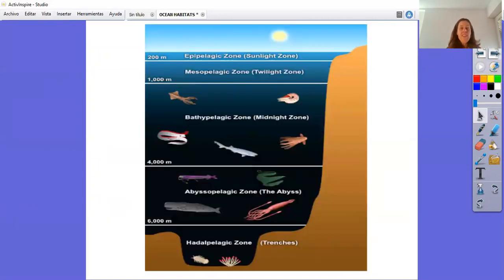Then we have another zone. We have the sunlight zone, the twilight zone, and now we're going to go to the midnight zone. Here, the only light that we can see is that produced by the creatures themselves.